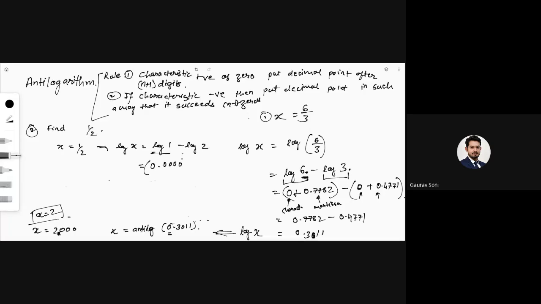Minus log 2: 0 is the characteristic, and the mantissa, look at 2.0 and column 0, that is 3010. So this is equal to minus 0.3010.